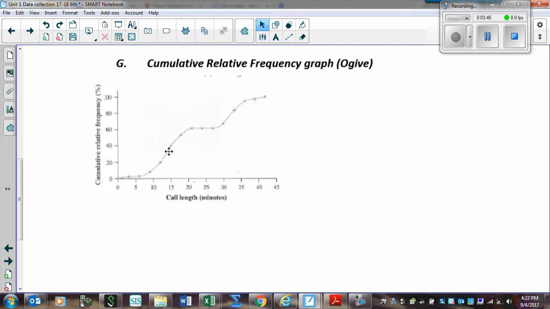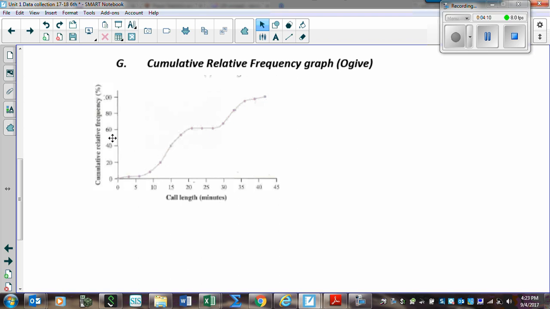And so the steeper that it starts getting, that's where the more density is, where more of the calls are coming from. And this looks like it's one of the most popular time areas, from 12 to 15 minutes, because it looks like about 20% of the calls were 12 minutes or less, and about 40% of the calls were 15 minutes or less.